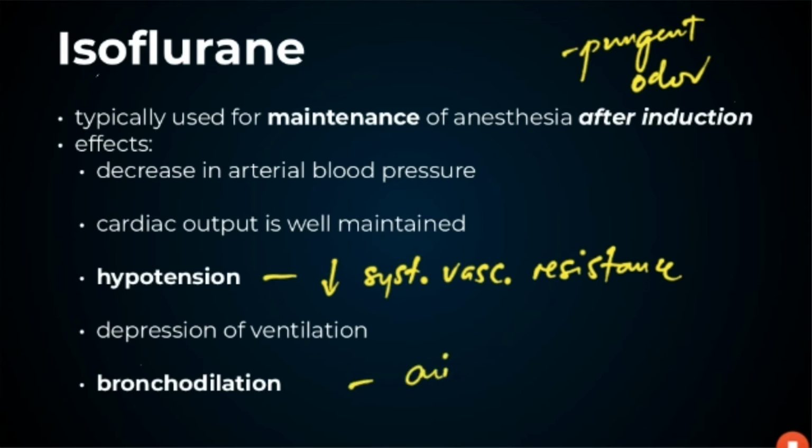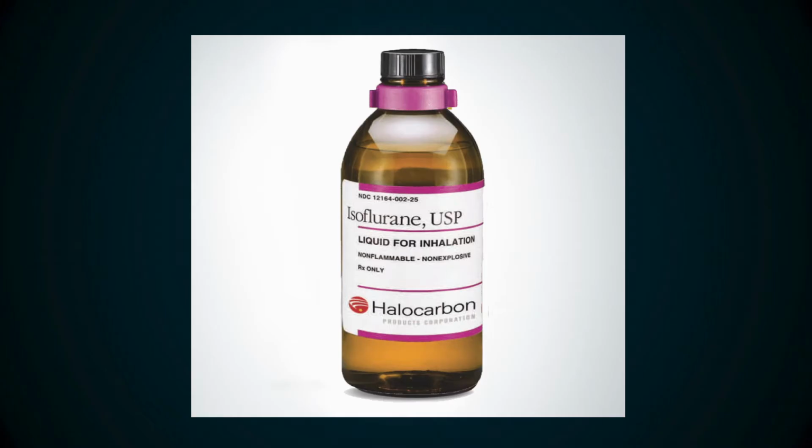However, it is also an airway irritant and can stimulate airway reflexes during induction of anesthesia. So it produces coughing and laryngospasm. These are some things that the anesthesiologist using isoflurane has to consider in a patient. This is your isoflurane liquid for inhalation. It is placed in the anesthesia machine and given to the patient through inhalation.